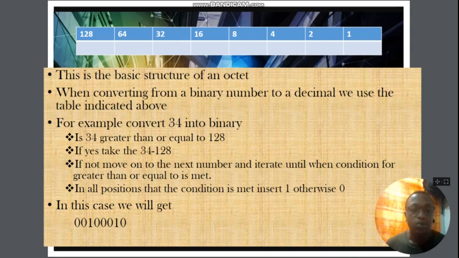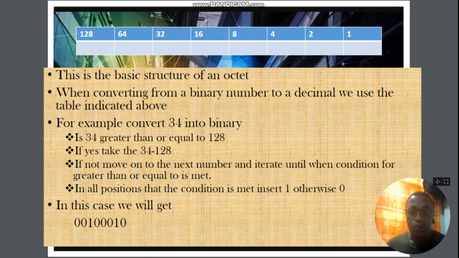The steps are: take the first value, compare it to the number that you have, and ask yourself, is 34 in our case greater than or equal to 128? If yes, take the 34 minus the 128, place a 1, and move on to the next value. If not, put a 0, move on to the next number, and iterate. The condition is either greater than or equal to.